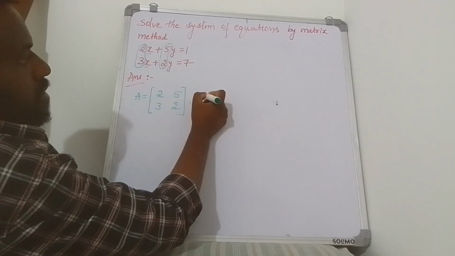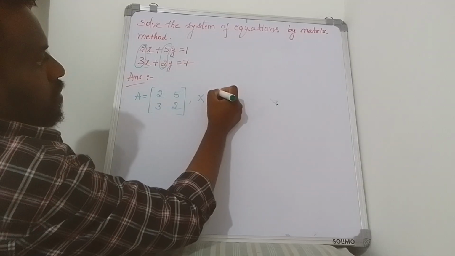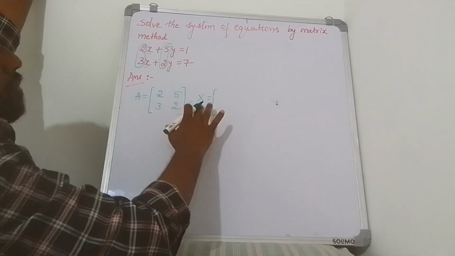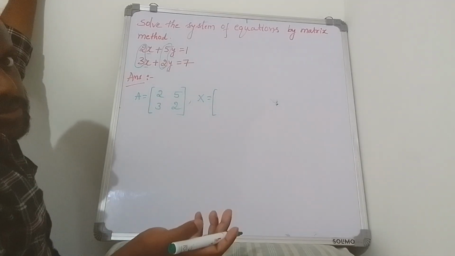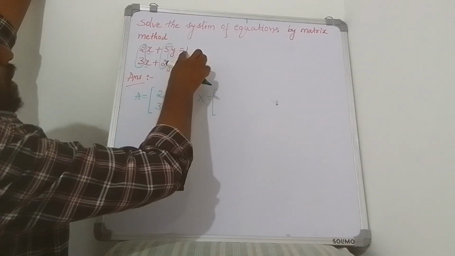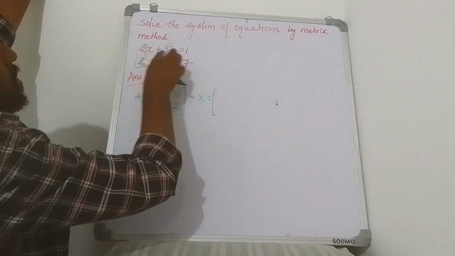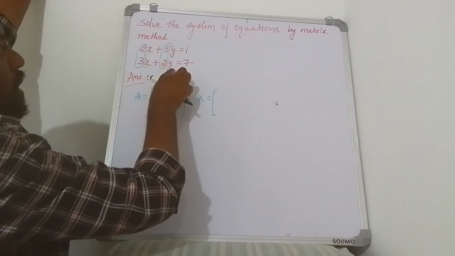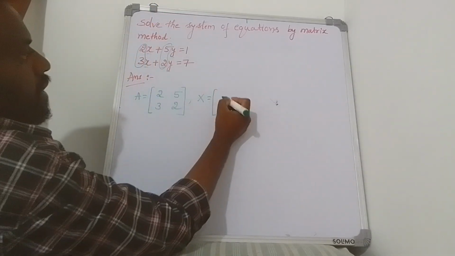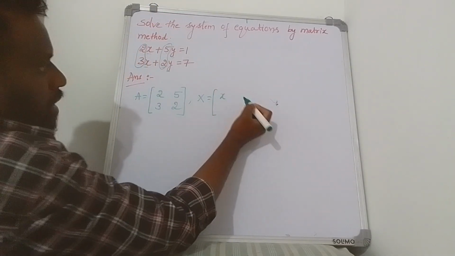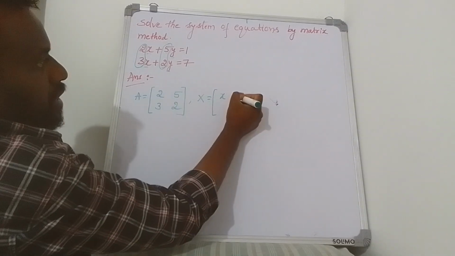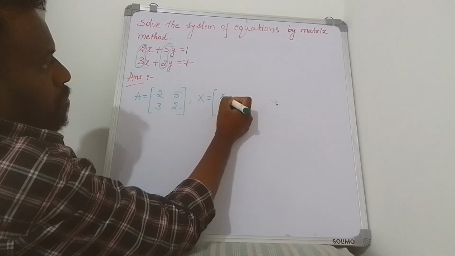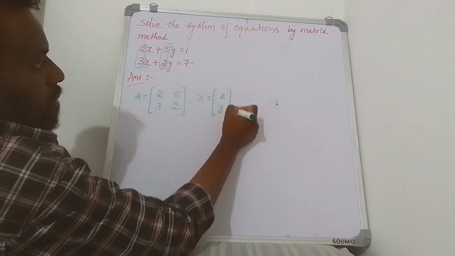Next, another matrix capital X, that is equal to what? This matrix is nothing but variables. In this equation variables are x, y. In this equation also variables are x, y. That variable you have to write here, x. Below x write y. Close the bracket.